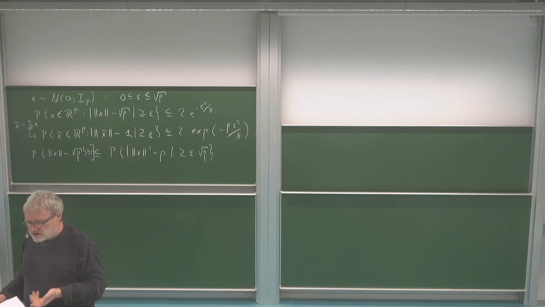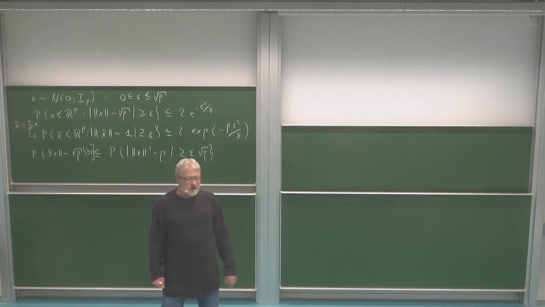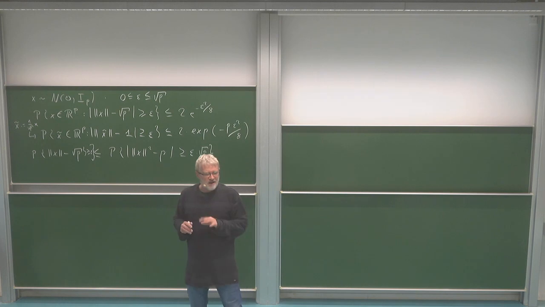Okay, but I started with very general estimates. So I had Markov inequality and Chebyshev inequality. And Markov inequality is maybe the basic one on which all the others essentially rely. This tells me what the expectation of a variable tells me about large values.